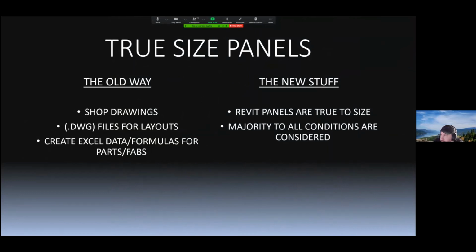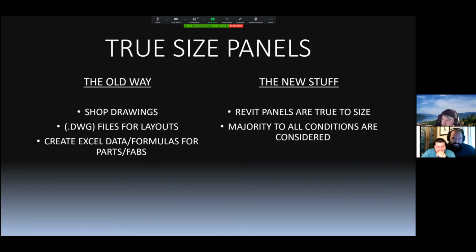Because before, with the old method, we would have to use a lot of shop drawings in terms of plan views and elevations and details to try and coordinate where this panel would exist, while visually looking at a transition detail but not actually being able to see it as a 1-for-1 ratio.